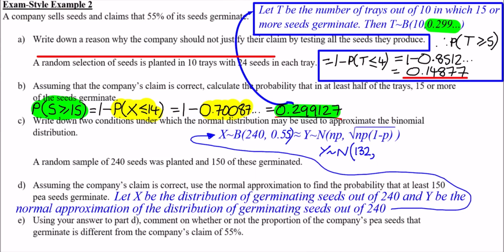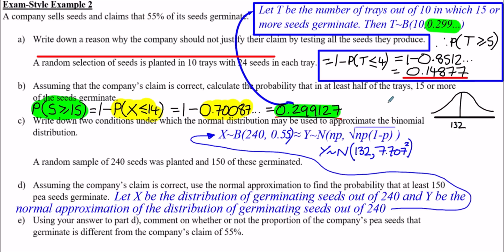Remember, the parameters for normal are the mean and then the variance. So I need to write 7.707 squared. So the standard deviation is approximately 7.707. So using this normal approximation, we want to work out the probability that at least 150 pea seeds germinated, which apparently they did. So if we now imagine this distribution, approximated by a normal, the mean is 132.